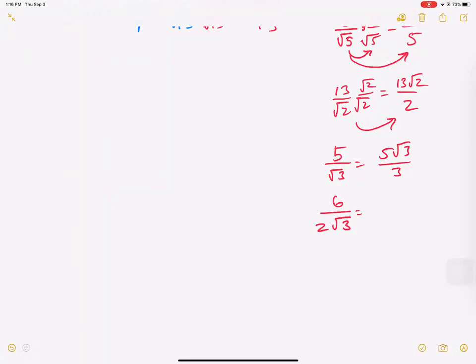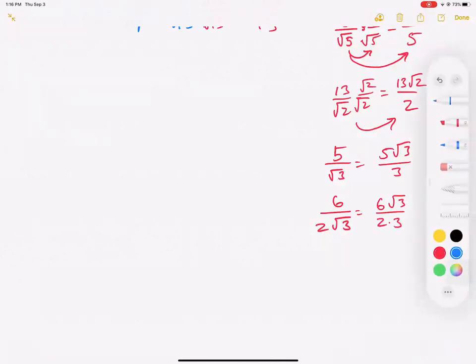But why? Why do extra work? I just don't want the square root. So it turns out this is 6 square root of 3 over 2 times 3, because you got rid of the square root. Now to show that in a different color, I would write square root of 3 on top and square root of 3 on bottom. And these guys would give me just 3. And the square root goes to the top.